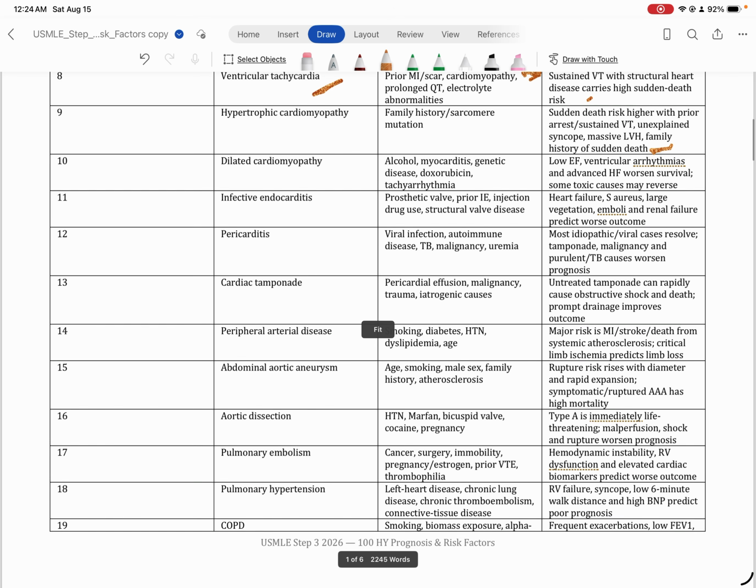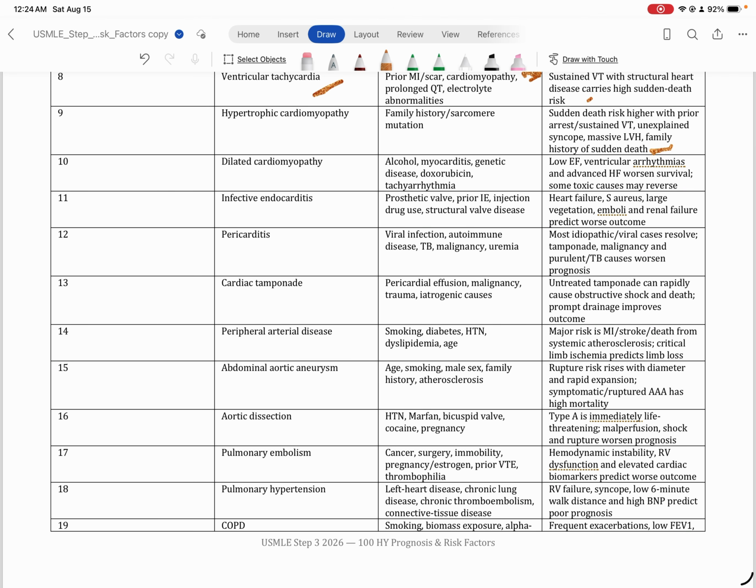Now, dilated cardiomyopathy. First of all, the number one risk factor is alcohol consumption. So chronic alcoholics who have not been treated or who do not take any multivitamin have dilated cardiomyopathy. The second risk factor is myocarditis. The third risk factor is genetic disease. And then next is using doxorubicin and tachyarrhythmia.